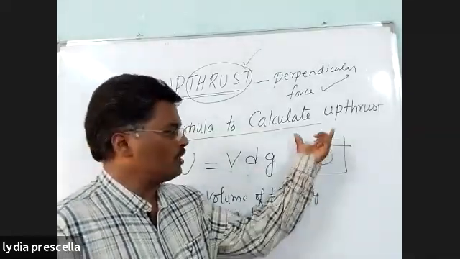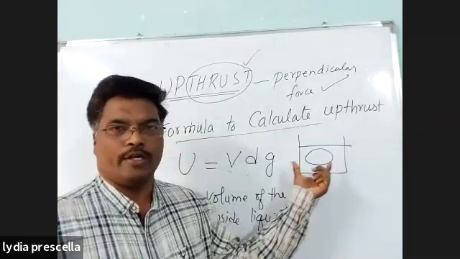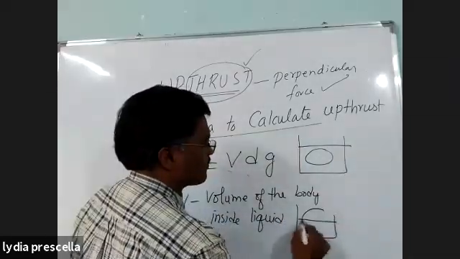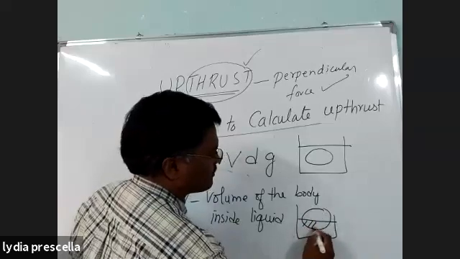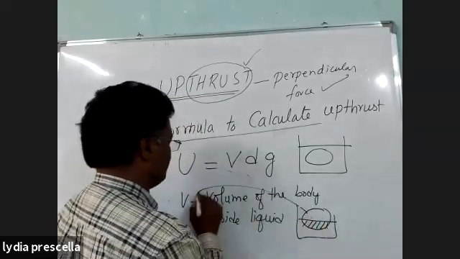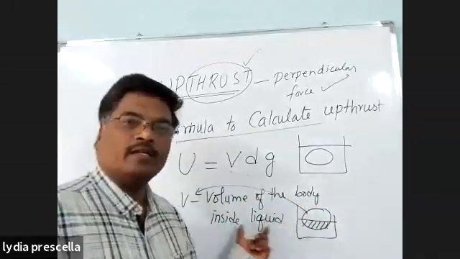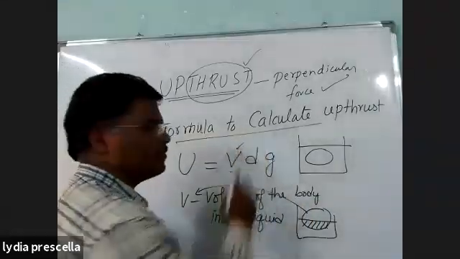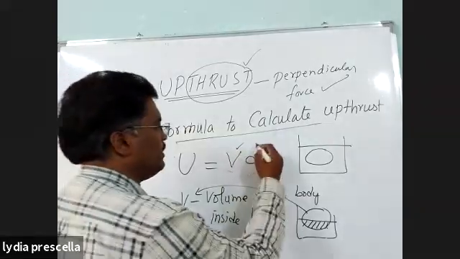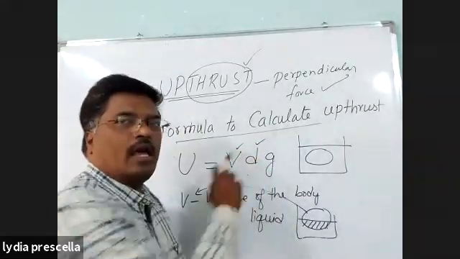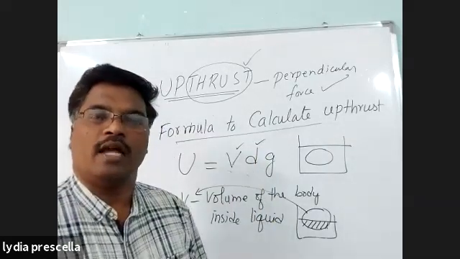That means the total volume of the body is inside liquid. Suppose the body is like this, only this part. This is the volume. So the volume of the body inside liquid, that is the V. And d means the density of the liquid. And g means acceleration due to gravity at the place.